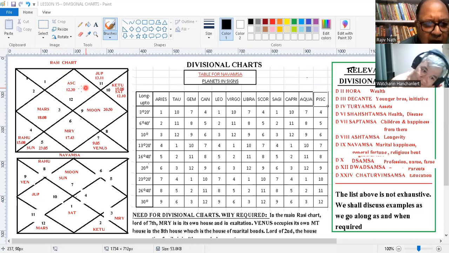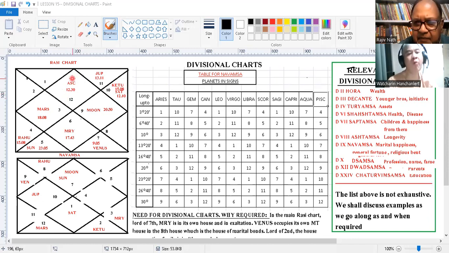So now we have to see in Pisces this 12 degrees 30 minutes, which is the Lagna. For Pisces, we have a table here on the right hand side. First, we have to construct the Navamsa, and pinpoint the Lagna. So where does 12 degrees 30 minutes in Pisces fall?